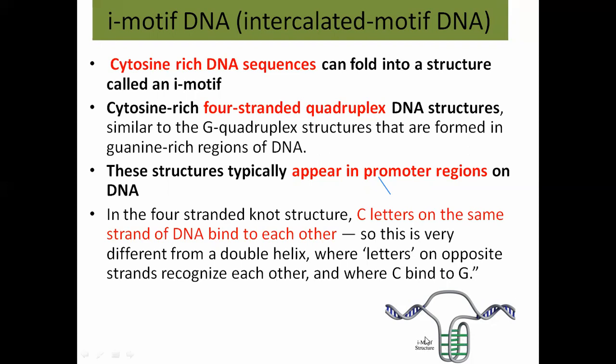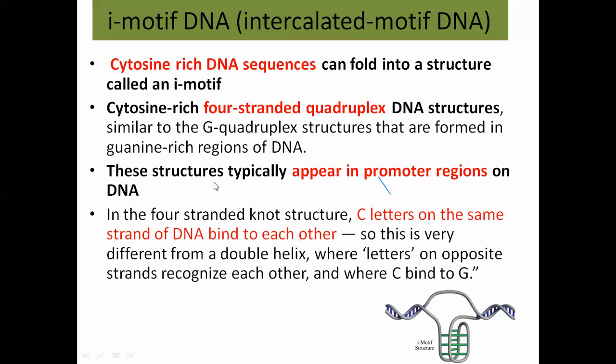See this here, this is cytosine-rich DNA sequences, and this can fold into a structure called I-motif. That structure is a four-stranded quadruplex DNA structure, similar to guanine quadruplex structures that are formed in guanine-rich regions of DNA.